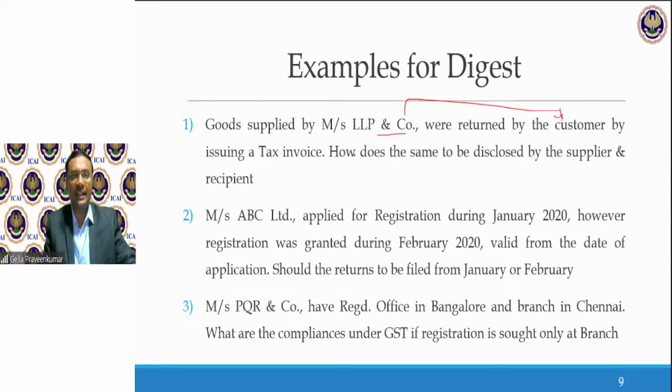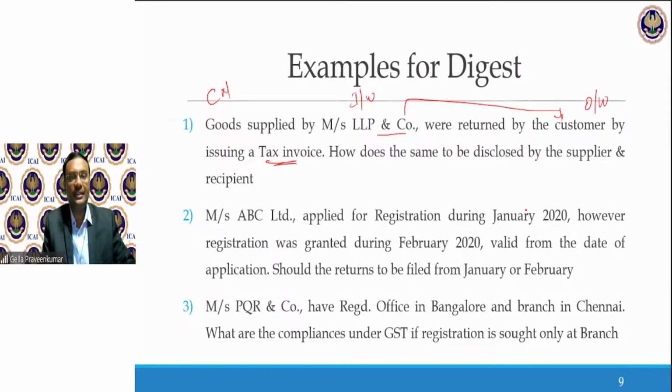Instead of issuing a credit note under GST, the customer has issued a tax invoice. So this becomes an outward supply for the customer and an inward supply for LLP. So how do they disclose it in GSTR-1, GSTR-3B?